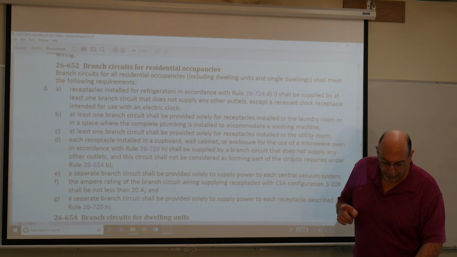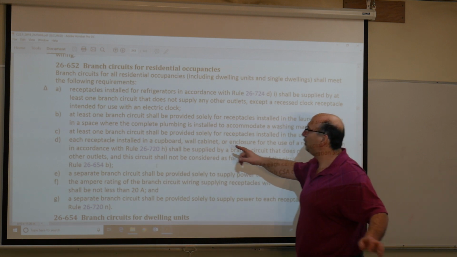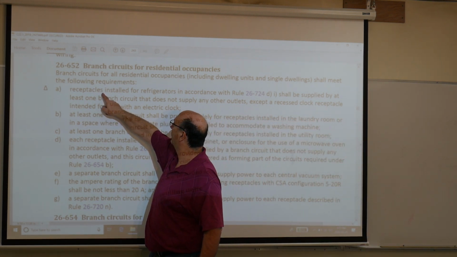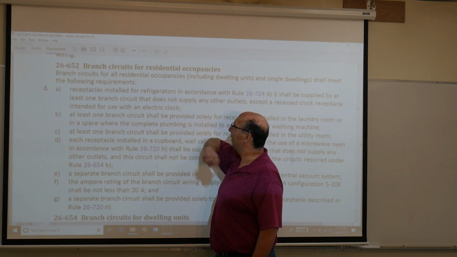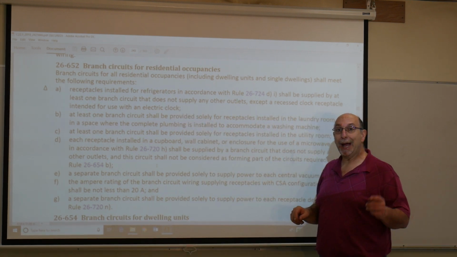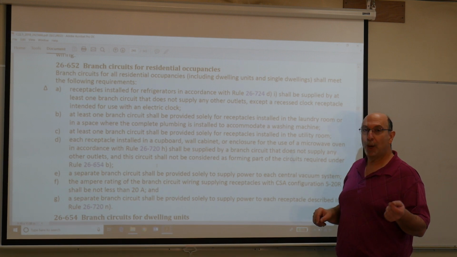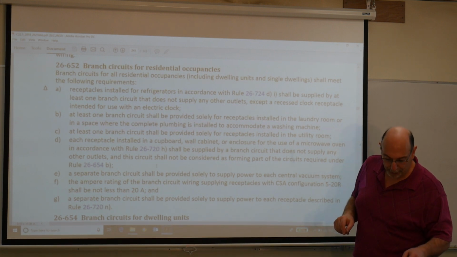Receptacles installed for fridges in accordance with Rule 26724. Change here from the prior edition of the code. It used to say receptacle installed for refrigerator. It used to be singular. Now you can install more than one refrigerator on that circuit.